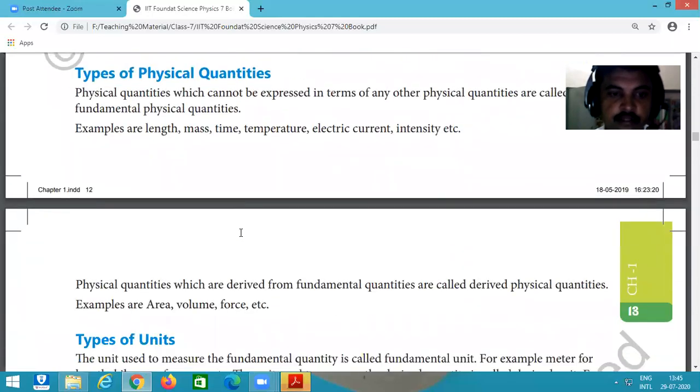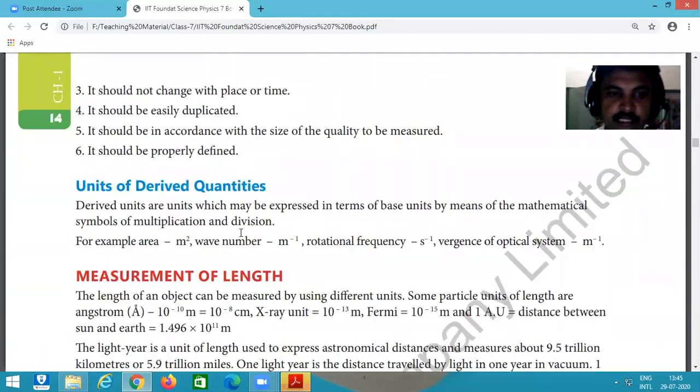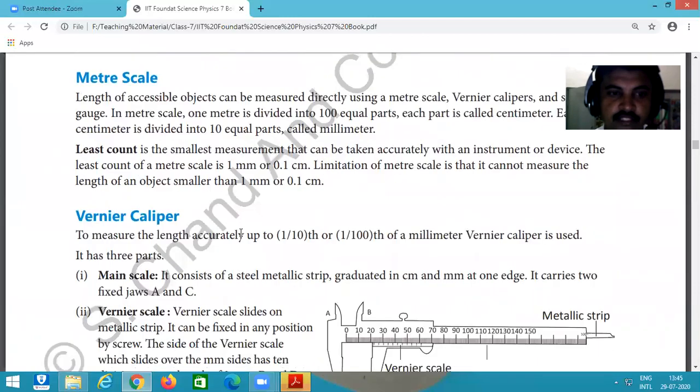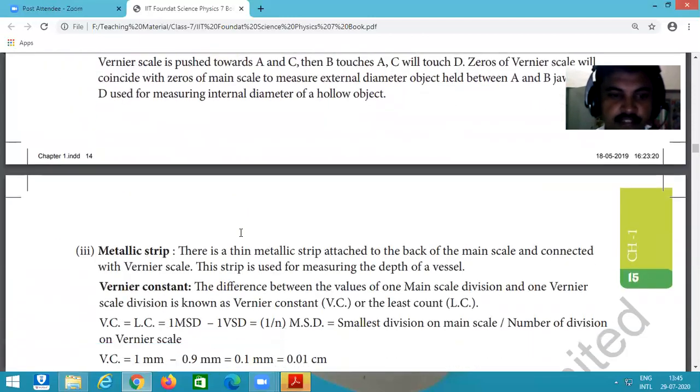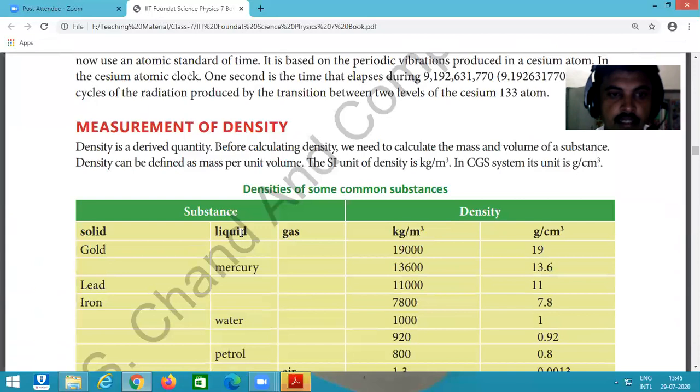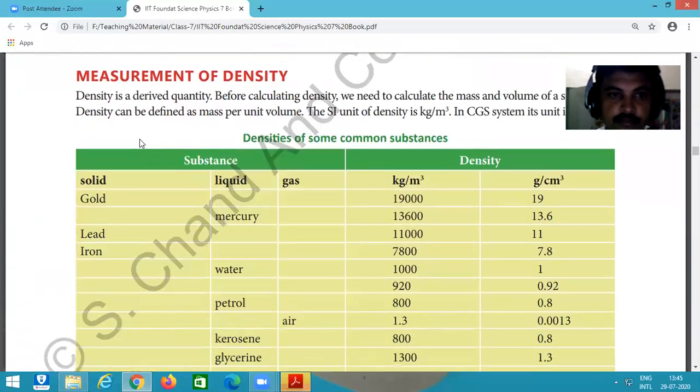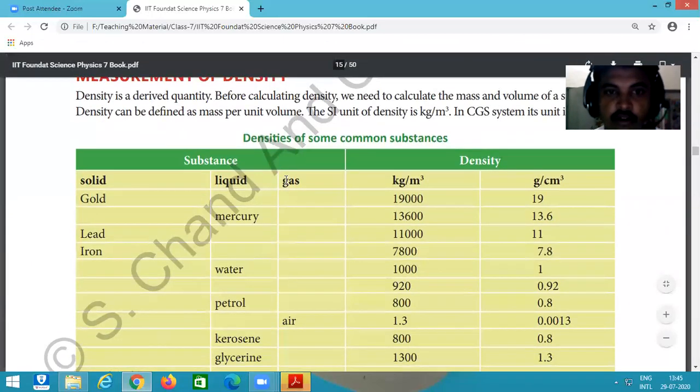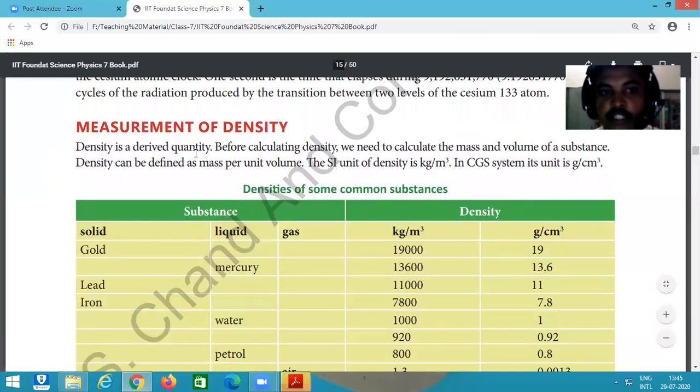We studied the history and different systems of units, scales, and vernier calipers. Today we discuss measurement of density.